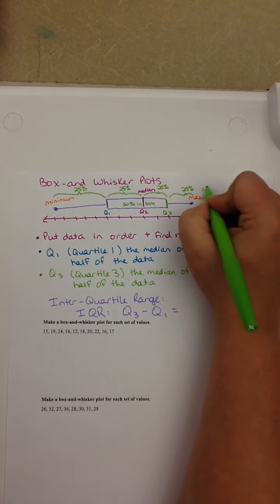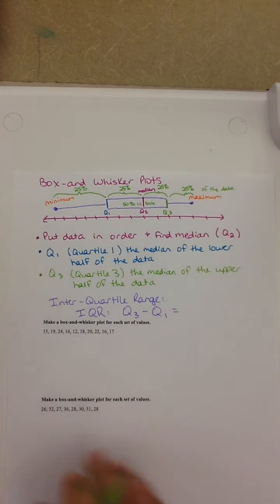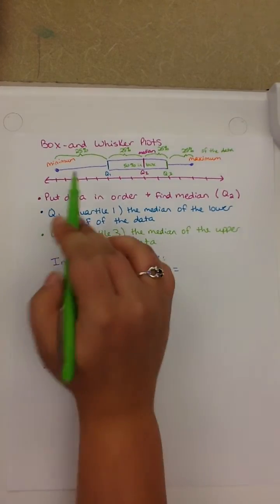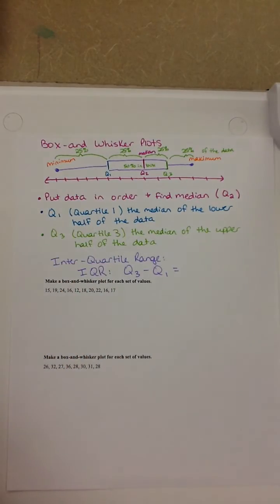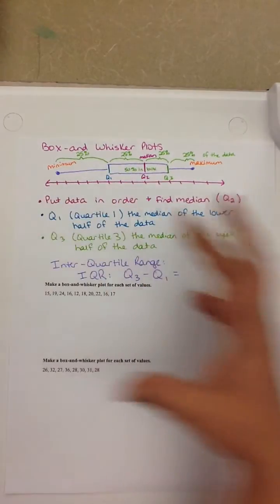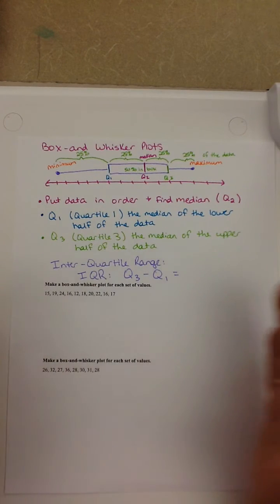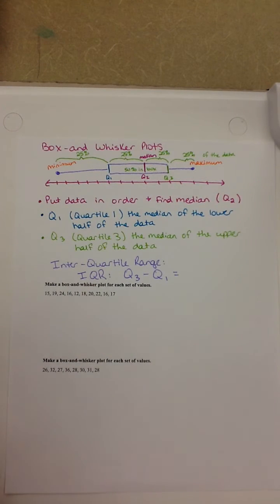Okay. So each chunk of your box and whisker plot represents 25% of your data. So you can tell how spread out it is by how wide your box gets, and then how far apart your whiskers are from there.